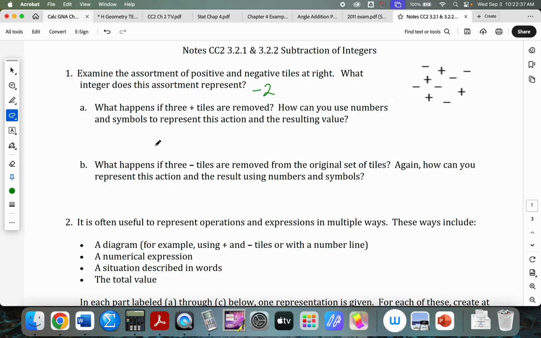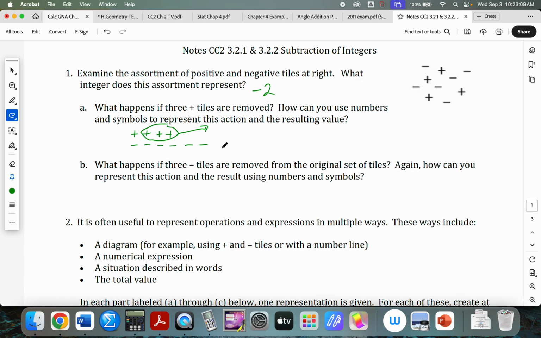So there were 4 positives, and there were, what, 6 negatives? So if we remove 3 positive tiles, what's the resulting value now?